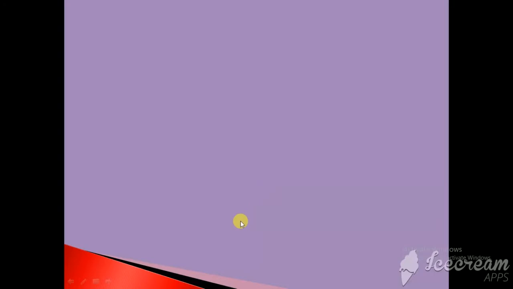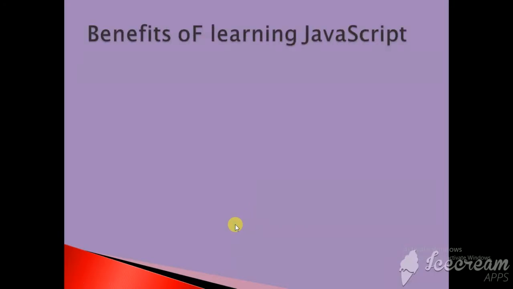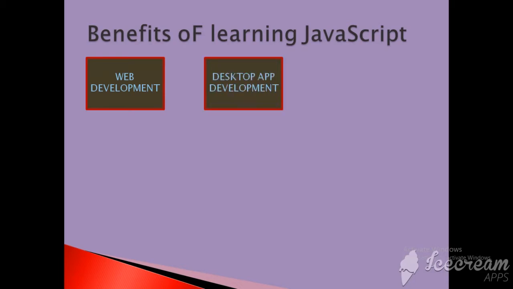Next, what you have is the benefit of learning. Now see here, we should know that JavaScript supports mainly three types of development, that is web development, desktop app development, and mobile app development.